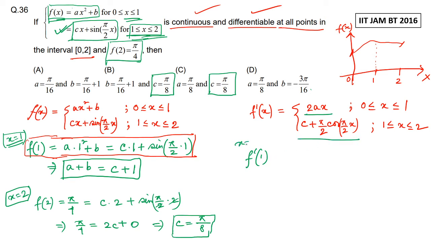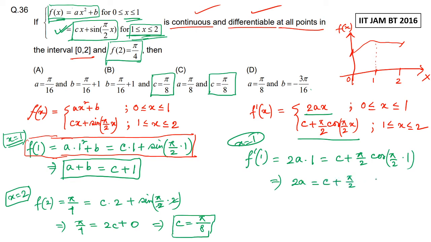Okay, so f prime 1 equal 2a into 1 equals c plus pi by 2 cos pi by 2 into 1. Now it becomes 2a equals c plus pi by 2 into cos pi by 2.